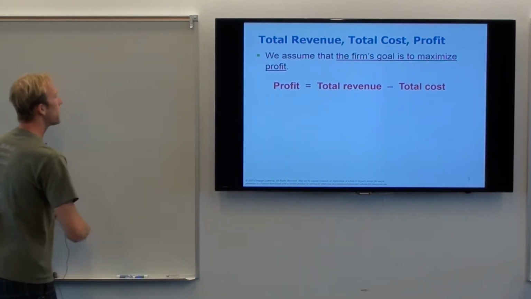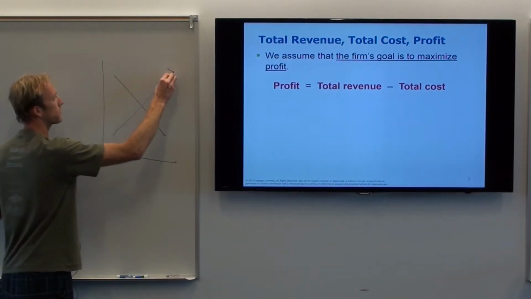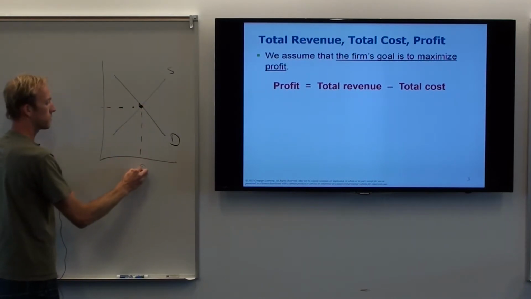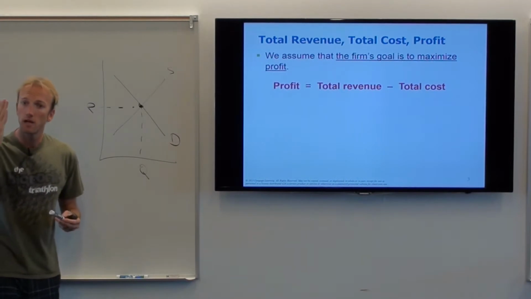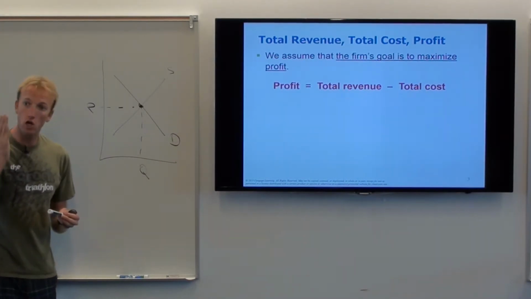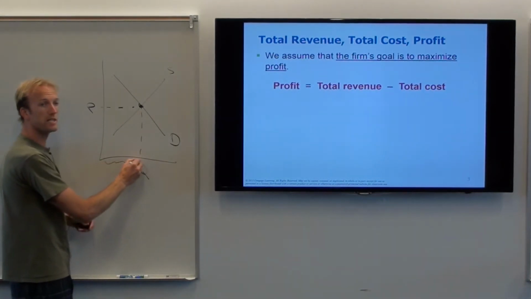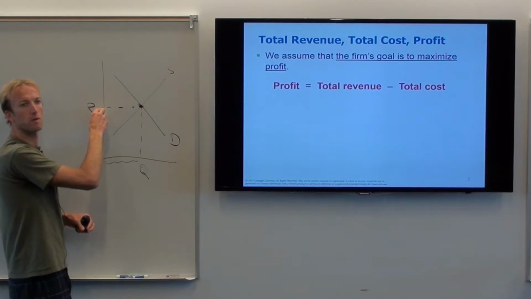If I think back to a supply curve and a demand curve, and this is the price and the quantity. Remember, total revenue is the total number of dollars spent on the good, right? So if I sold Q goods and people bought them from me for P dollars, what's my total revenue?